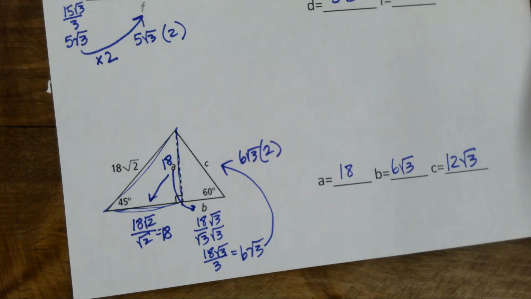So this would be 4 times 1 half. And then you can cancel the 2 and the 4 here.